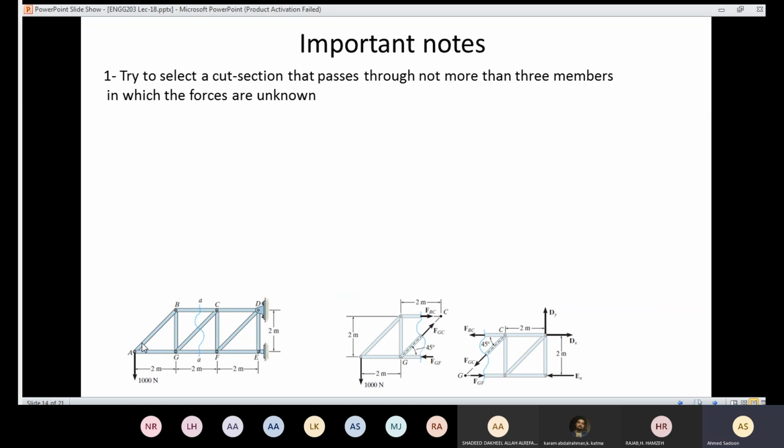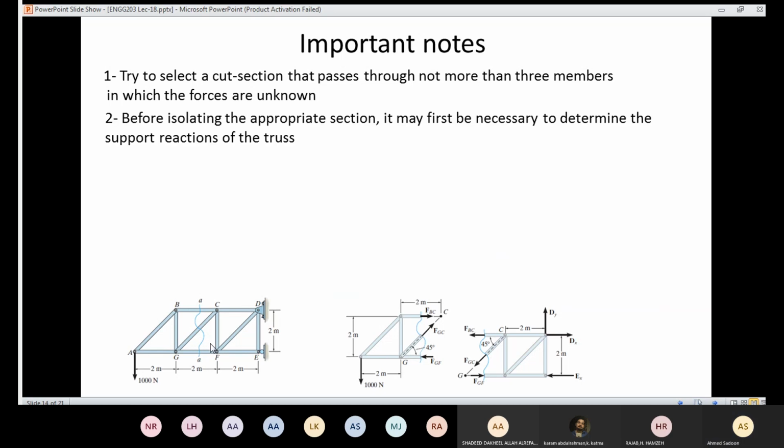If I cut and end up with more than 3 unknowns, since I have only 3 equations of equilibrium, it's going to be very difficult to solve the problem. So make sure that the place where you make the cut has a maximum of 3 unknown forces. So it's a very important note.